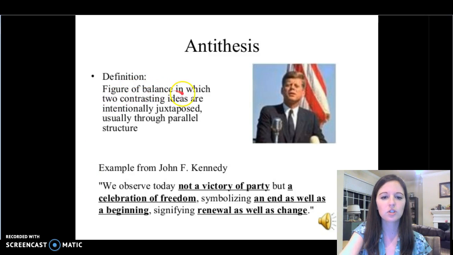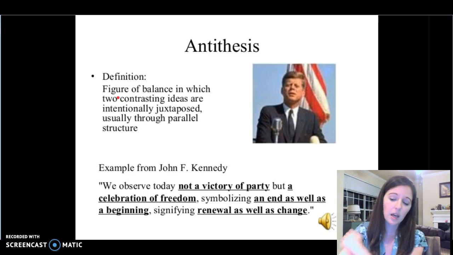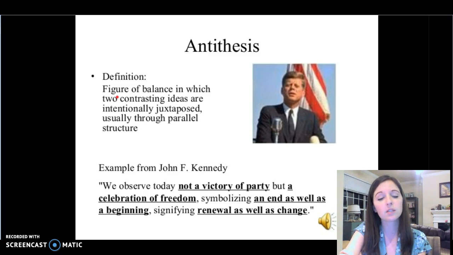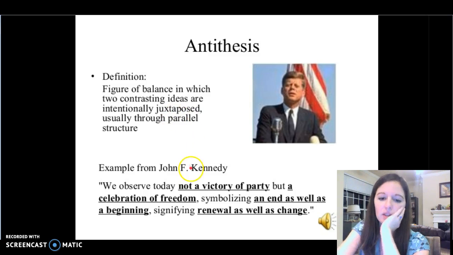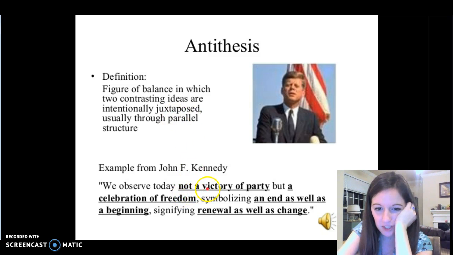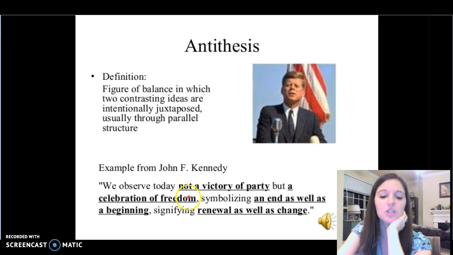For starters, we have two contrasting ideas, very much like an oxymoron. However, the difference is while in an oxymoron they need to be side by side, an antithesis just needs to be juxtaposed, which just means that they need to be near each other. Same sentence is probably how you'll see it. Here we have victory, and it's being juxtaposed to the contrasting idea of freedom.